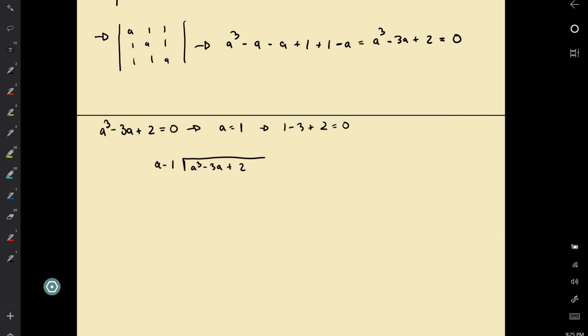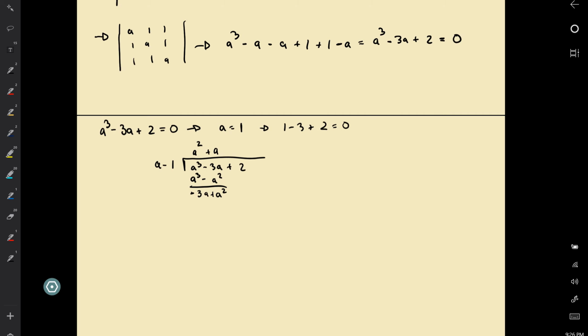So we've got a minus the 1 root, and you're taking that and seeing how that goes into the full thing. So of course, the first two terms, it goes in a squared, and that gives you a cubed minus a squared. And then you subtract these, and you get minus 3a plus a squared. And so this one goes in again, plus a.